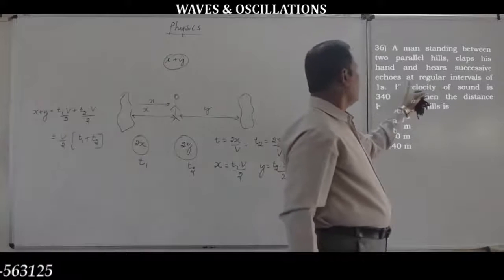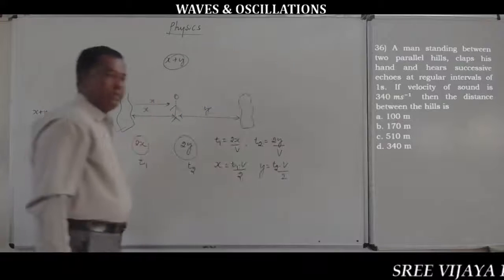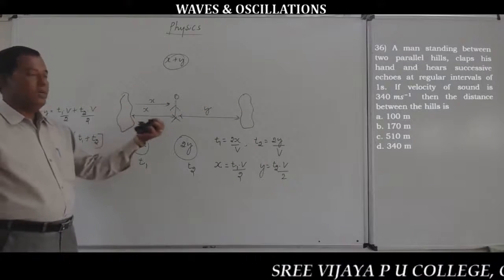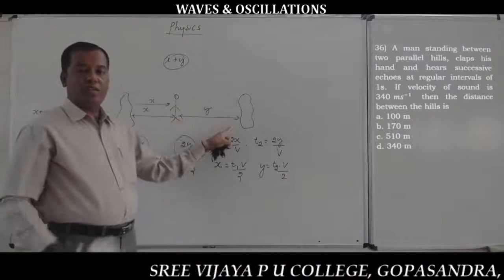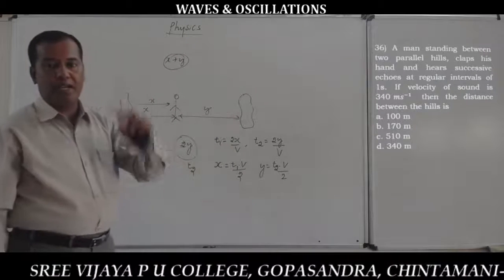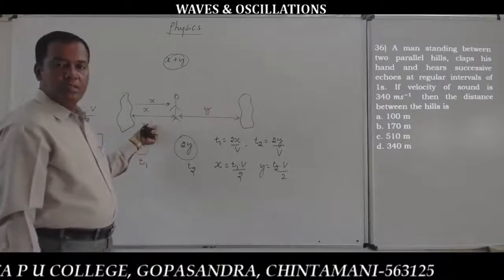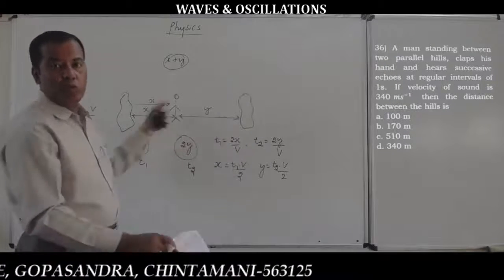Here it says successive echoes at regular intervals of 1 second. Now let us consider he perceives the echo from this first hill after 1 second. And he perceives the echo in the next successive second, in the sense, for the second case the total time should be taken as 2 seconds. In the successive, first echo it is at the first second. Second echo after 1 second means total time becomes 1 plus 1, 2 seconds.